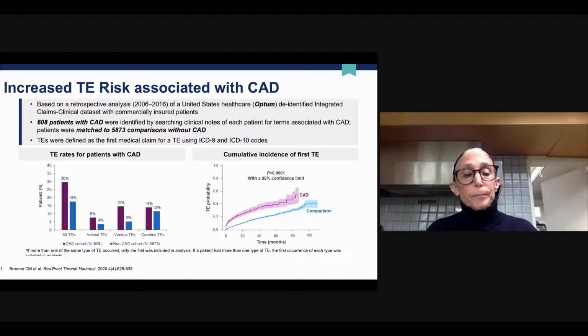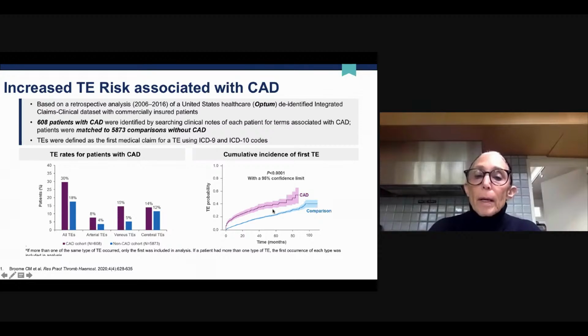And you can see that there is an increased risk of thrombosis in patients with CAD, with cold agglutinin disease, compared to their matched cohort without it.